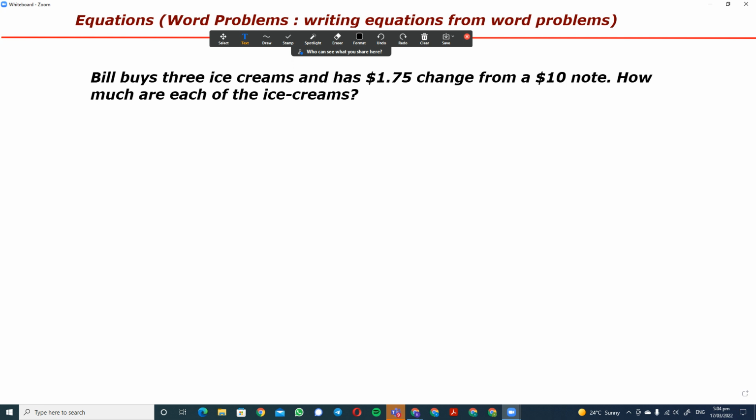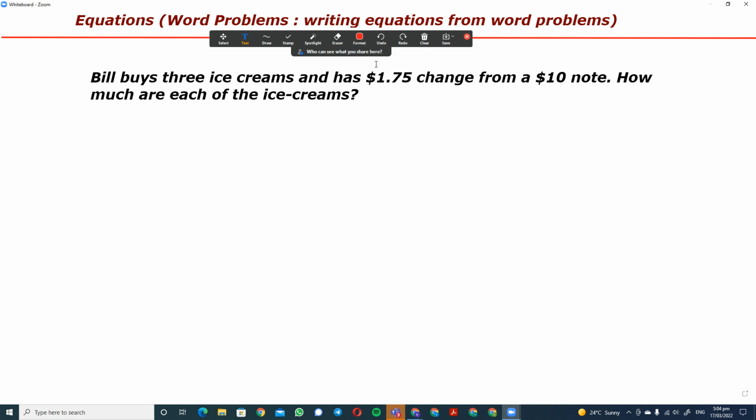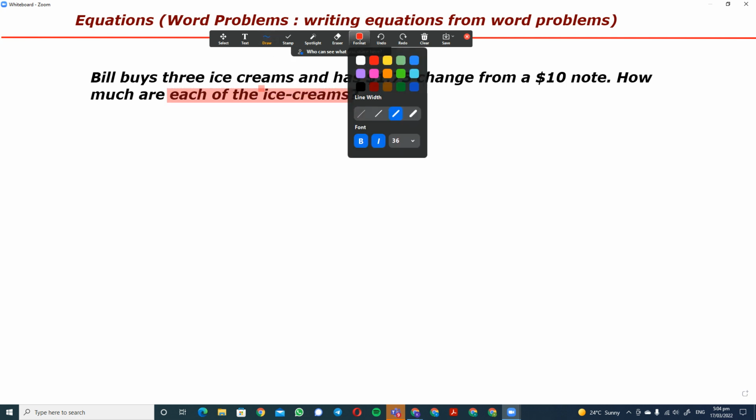All right, so this is a typical kind of word problem. And what we want to do is develop an equation from here today. So let's have a look at that. Now we're trying to find our ice creams, right? We want to know how much are each of the ice creams. So we let each ice cream equal a variable.